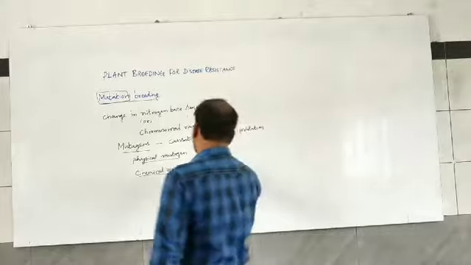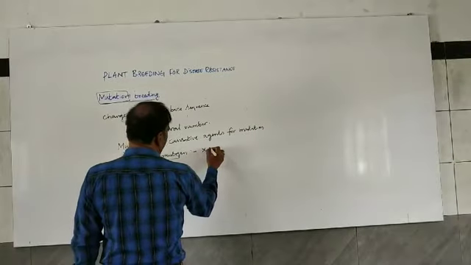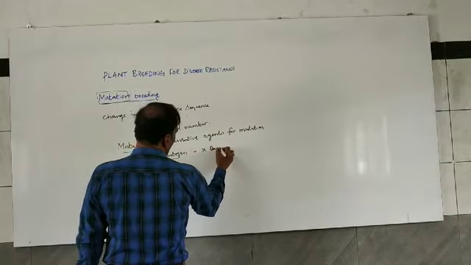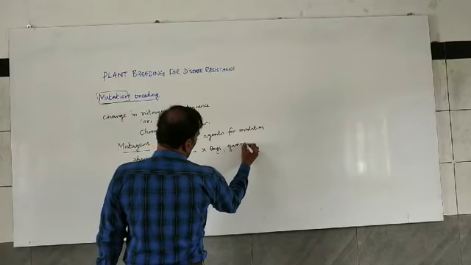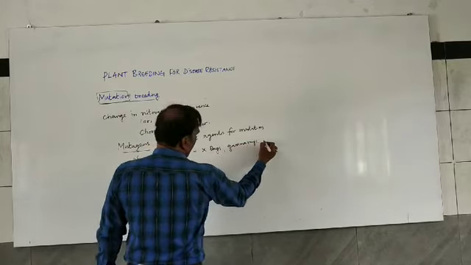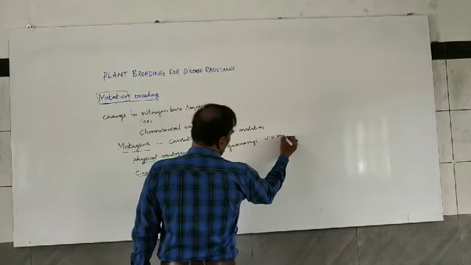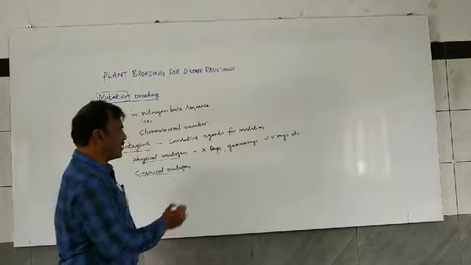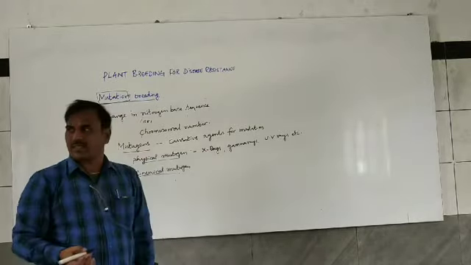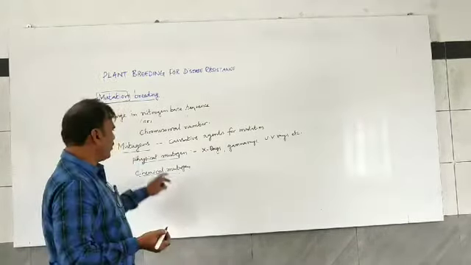So what are those physical mutagens? X-rays, gamma rays, ultraviolet rays, etc. So X-rays, gamma rays and UV rays are the physical mutagens.